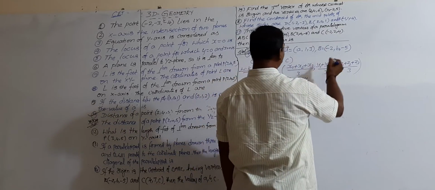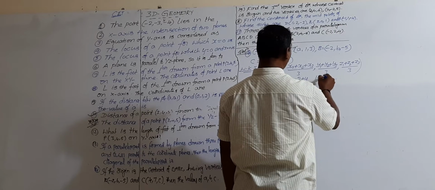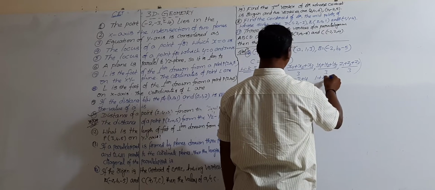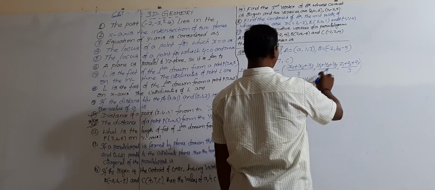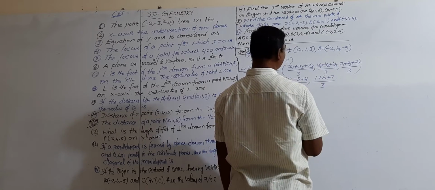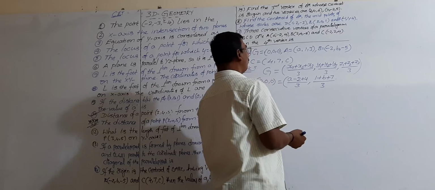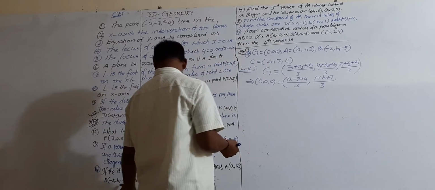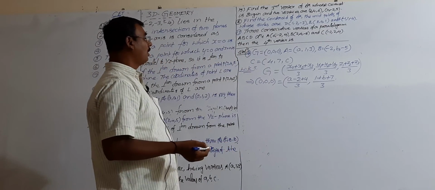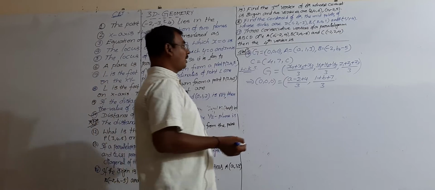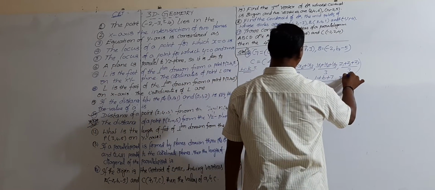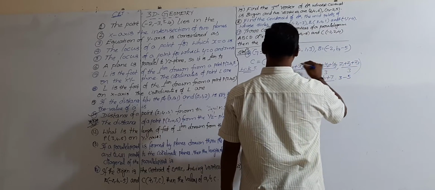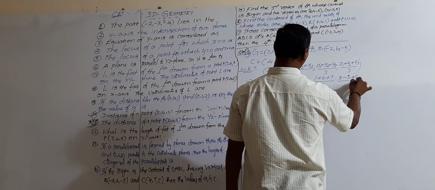Sum of the y coordinates: 1 plus b plus 7, divided by 3. Next, sum of the z coordinates: 3 plus 3 minus 5 plus c, divided by 3.